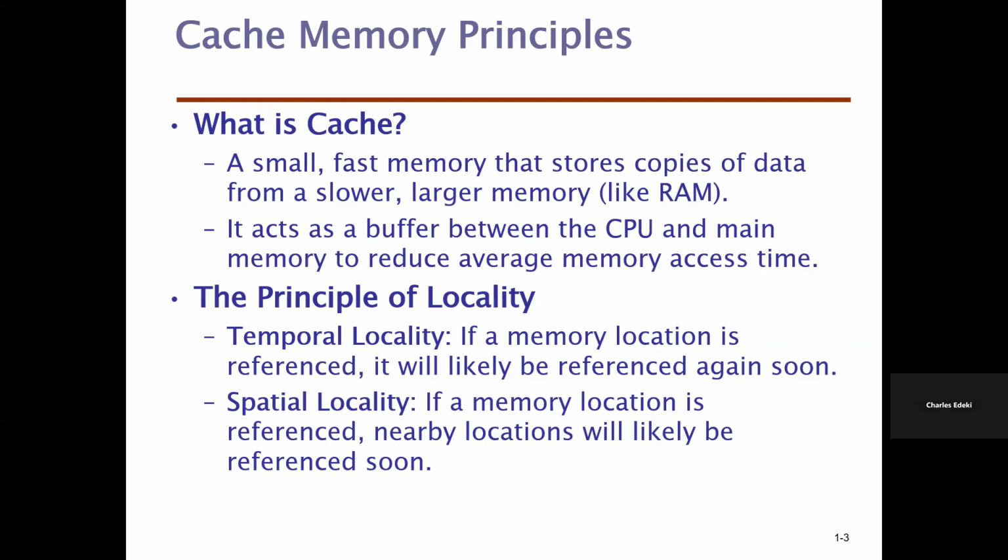We'll have to map the data from main memory to cache, because we know everything in main memory cannot go into the cache, since cache is smaller than main memory. So we have to have some algorithm to map it. And that's where the principle of locality comes in also. And we mentioned this earlier also.